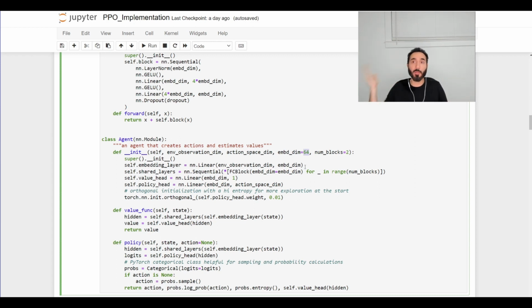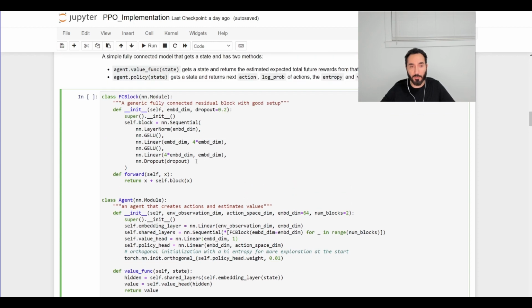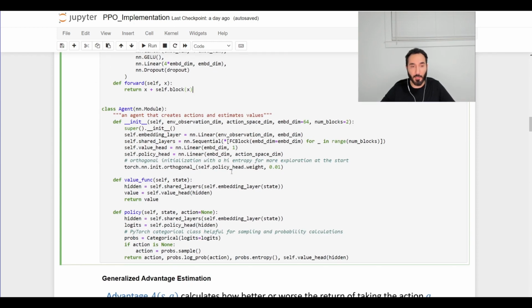For much more complex problems, for example in language, as we will discuss later, you will have much larger embedding dimensionality, usually in the order of several thousands of dimensions. Then there are the shared layers. These are the layers that are shared between the two heads of the neural network, the policy head and the value head. And finally, the architecture here is just a bunch of these blocks that we defined earlier.